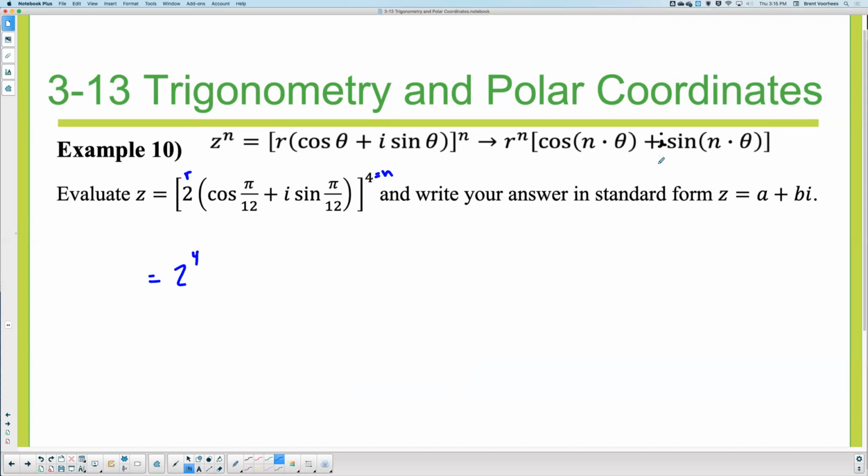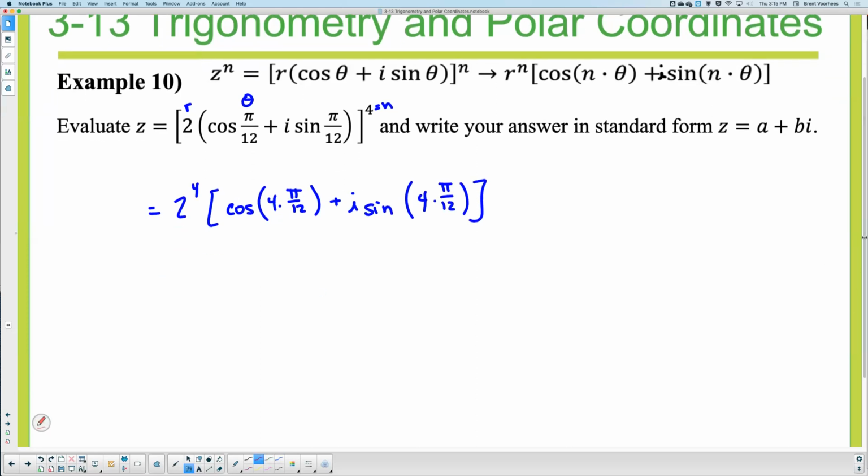What I'm doing is this portion right here times the cosine of my theta, which here is pi over 12, but my n is 4. So it's going to be 4 times pi over 12, plus I sine of, again, 4 times pi over 12.